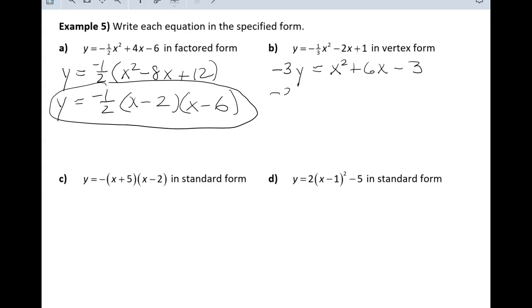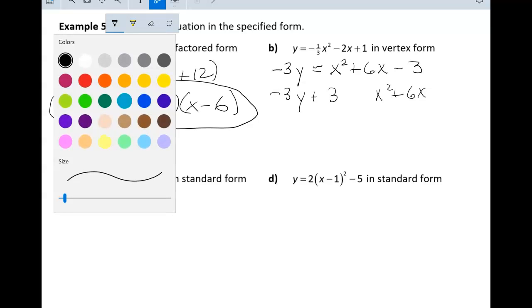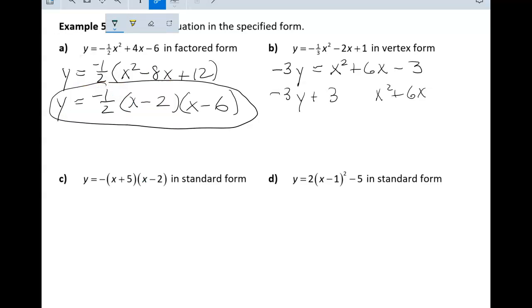Now we're going to send that constant over to live with y. And then we're going to put a plus blank on both sides of the equation. Let me give myself a little bit more room. So you can do this as a separate step, or you can just write it in once you've moved the constant over. So -3y plus 3 plus blank equals x squared plus 6x plus blank.